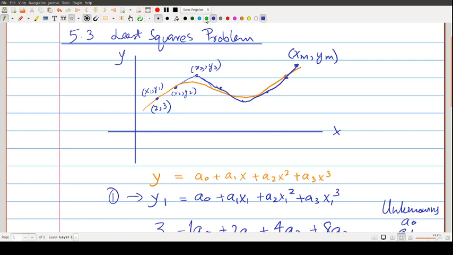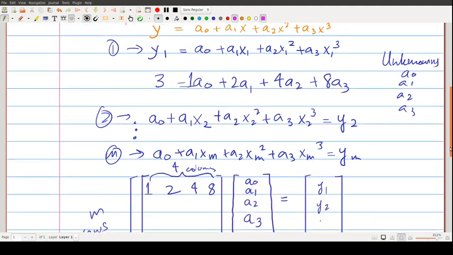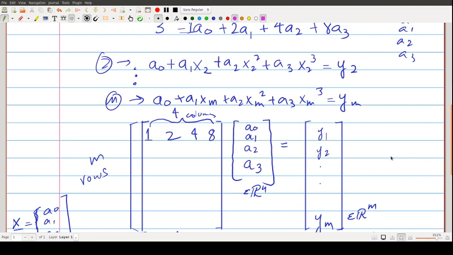I can perhaps fit this curve, or think of another one that comes from below and does something funky over here, as long as it goes through all the points. So we're not usually going to find unique solutions, so there won't be unique coefficients.